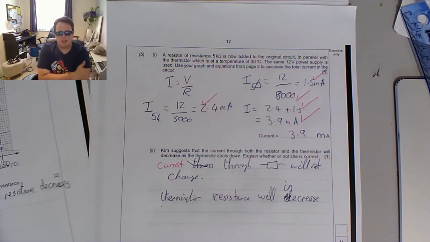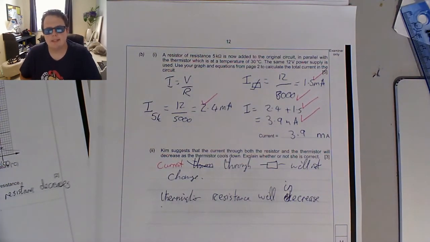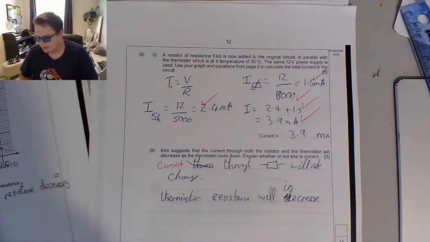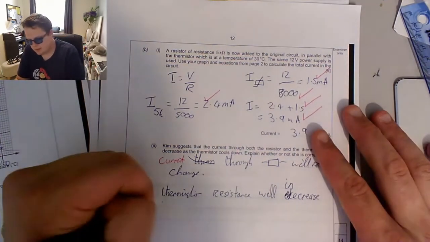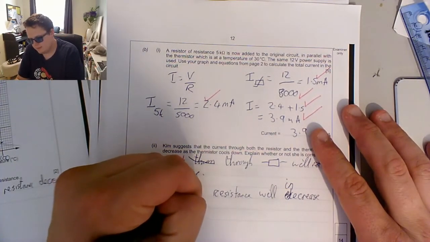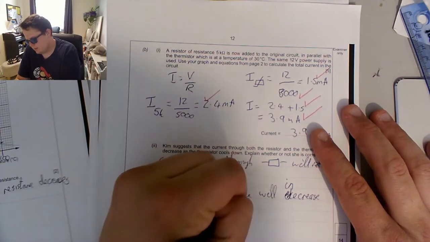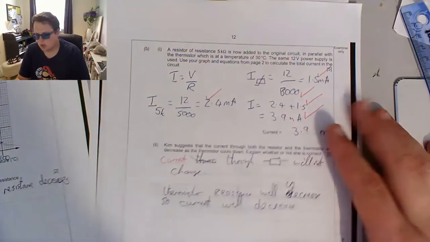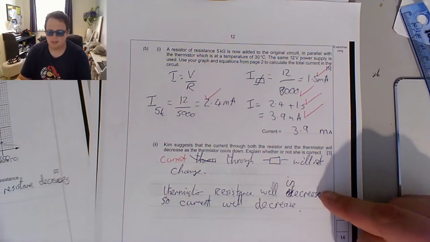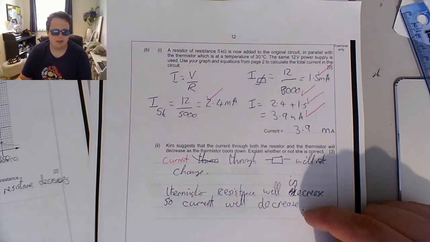As the temperature decreases, the resistance of a thermistor increases. You can see that on the graph, see that in the table. So the thermistor resistance will increase. So current will decrease. So 1 mark for saying that, 1 mark is for increase, 1 mark for saying about the current.